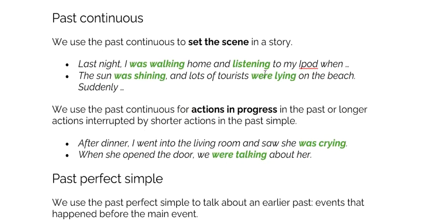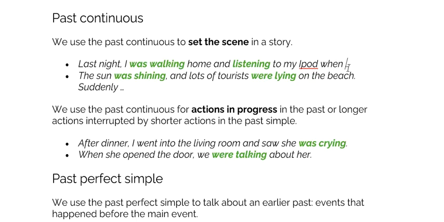Okay, so past continuous can be used for creating a scene, a background to our story. Let me give you some examples. Last night I was walking home and listening to my iPod when... So you see, everyone, in the background, I was just walking home, I was listening to my iPod when, and after when, the main event happens. Probably, for example, when I saw my friend, when I bumped into a friend of mine.